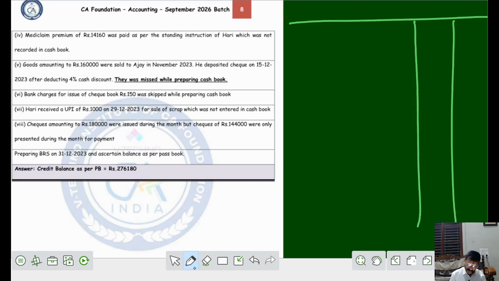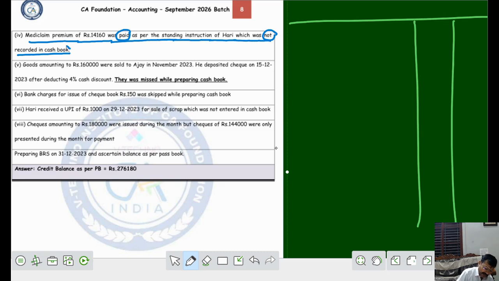Now we are into transaction 4. See here, Mediclaim insurance 14,160 paid as per the standing instructions of Hari, which was not recorded in the cash book.